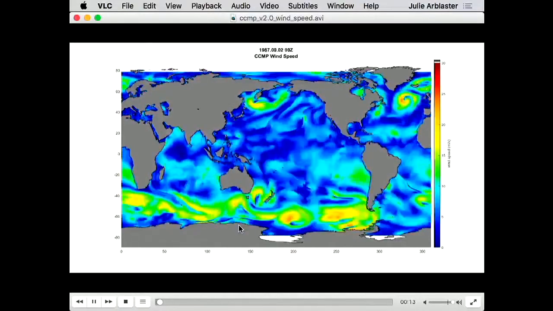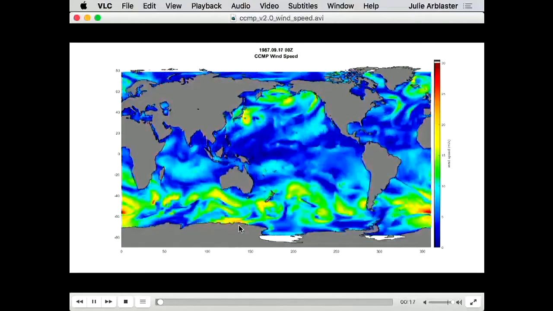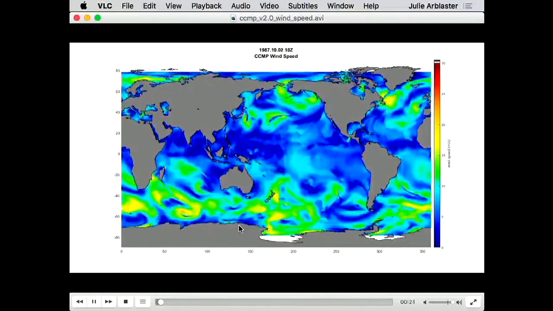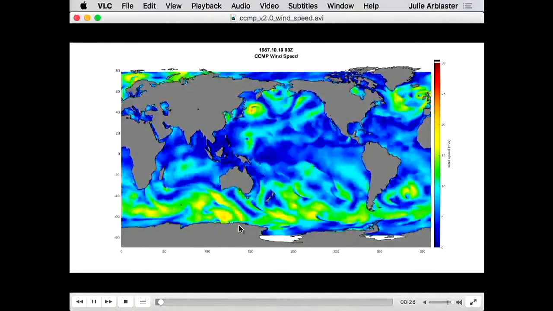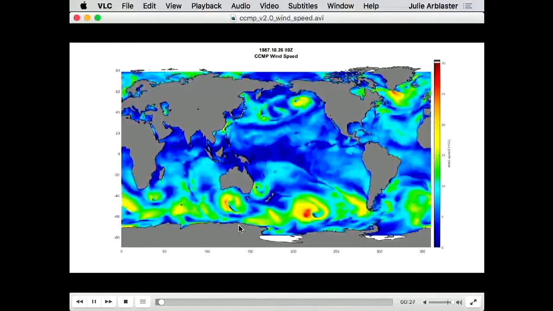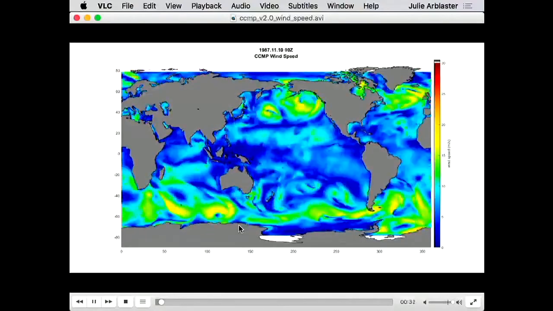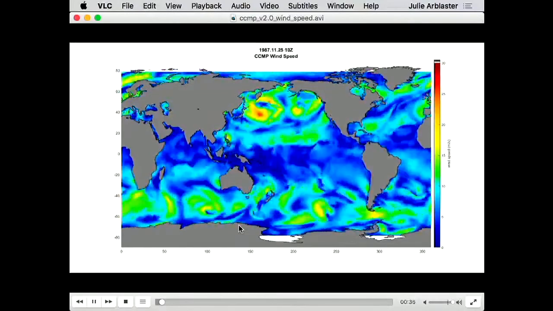I think it's satellite windstress, I meant to look that up. This is wind speed, but I think it's at the surface, or near surface anyway. So it's showing you lots of nice eddies forming in this Southern Ocean region. And you can see how zonally symmetric the jet stream is in the Southern Hemisphere.